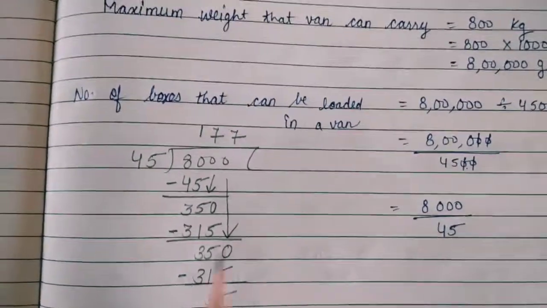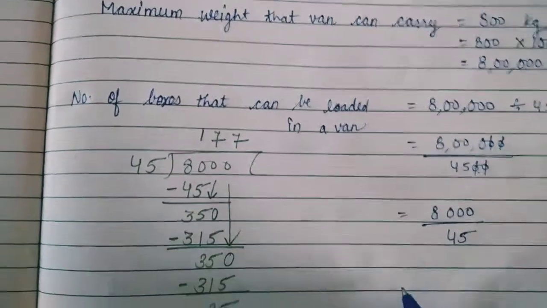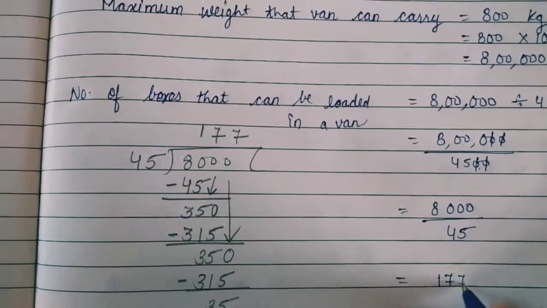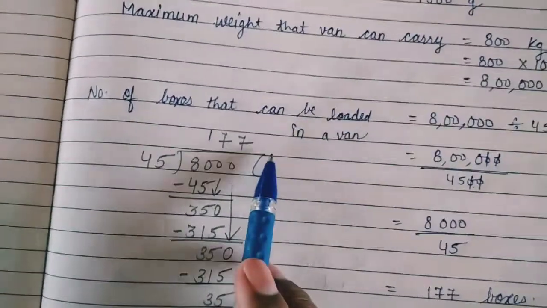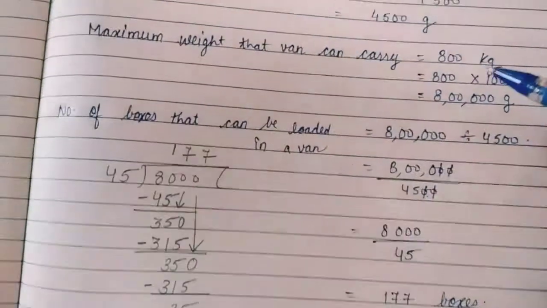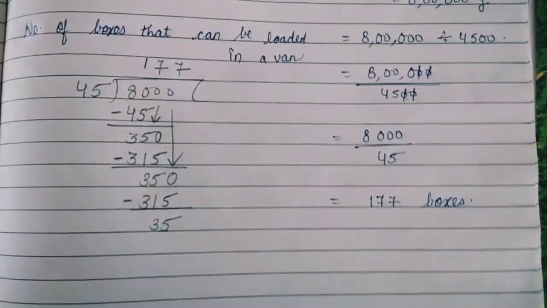So the total we got is 177 boxes that can be loaded in a van of capacity 800 kilogram. So 177 boxes is our answer.